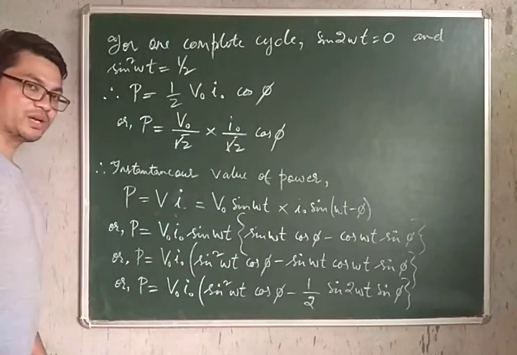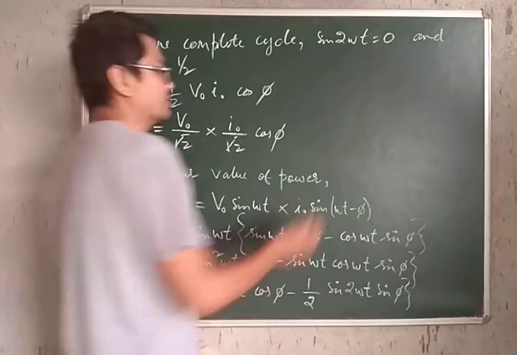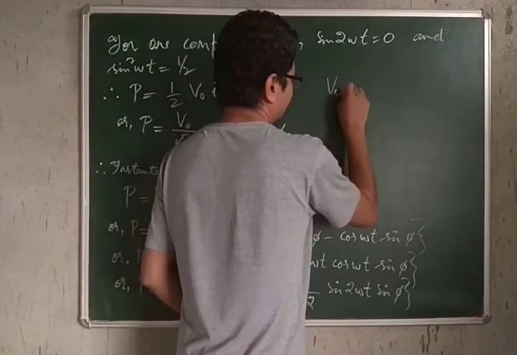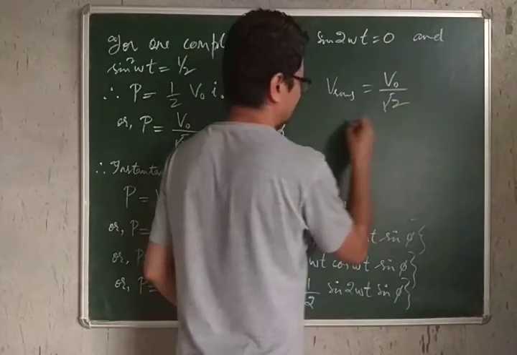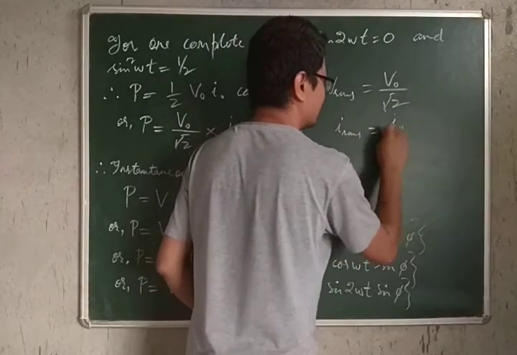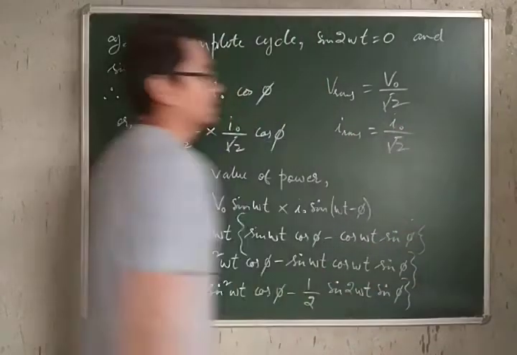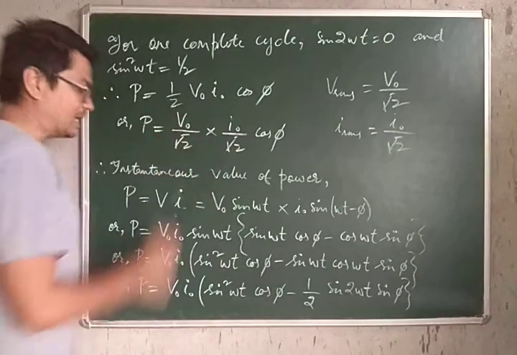Now what is V naught by root 2 and I naught by root 2? When we started alternating current, we've seen that Vrms is equal to V naught by root 2. Likewise, Irms is equal to the peak value of the current divided by root 2. So this is Vrms and this is Irms.